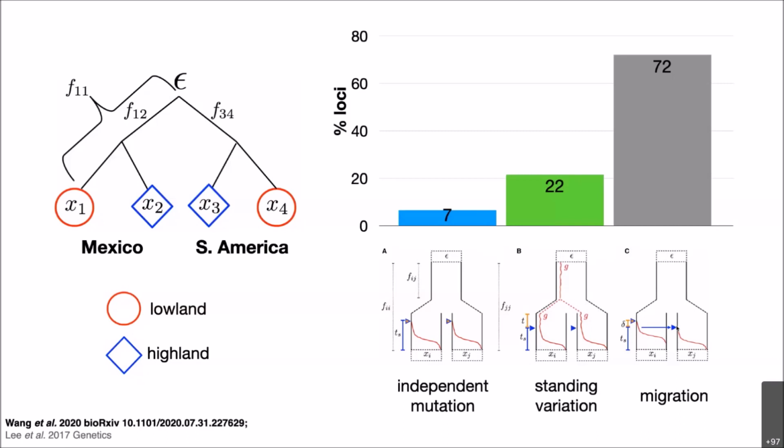And again, although most of the loci show evidence of selection in only one population, of the loci that show convergent evidence of selection in both populations, somewhat to our surprise, we found that the vast majority of these, almost 3/4 of these loci, show strong evidence of this migration model, consistent with an origin in the Mexican highlands migrating to the South American highlands.